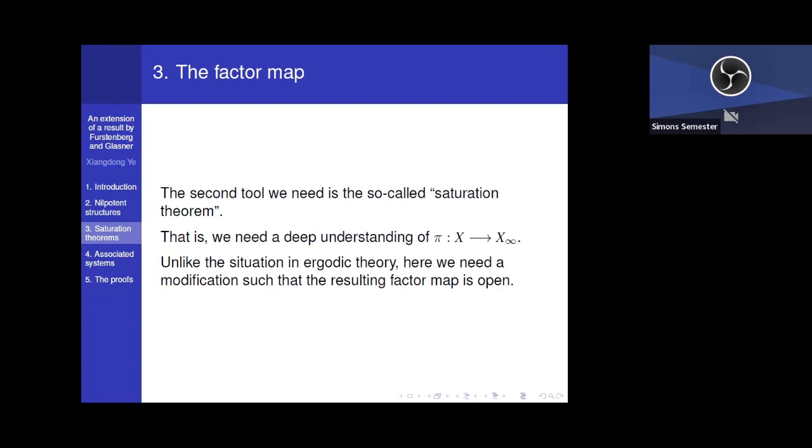So I think people for a long time thought there should be a topological version of this theorem in topological dynamical systems. But unlike the situation in ergodic theory, here we need a modification such that the resulting factor map is open. So there are some additional things you should consider.